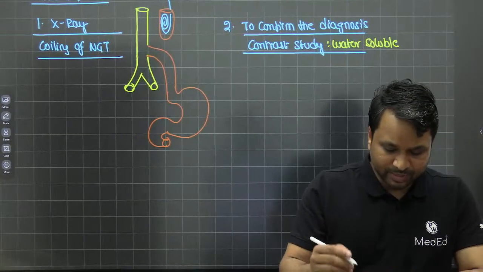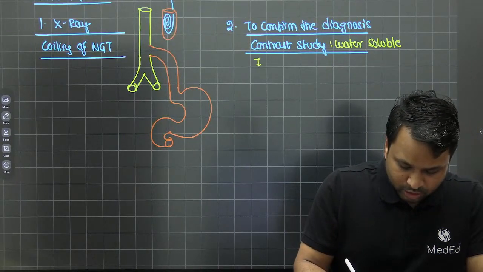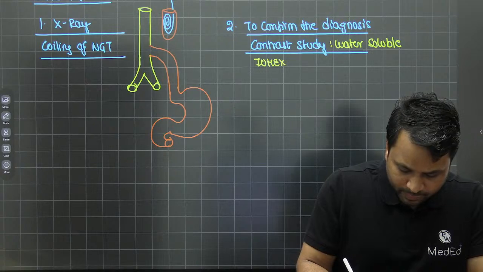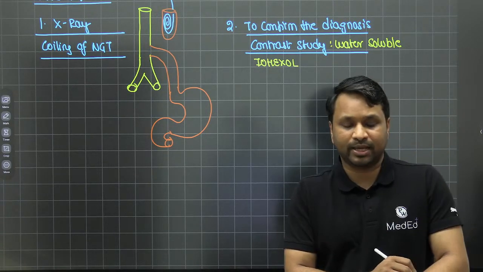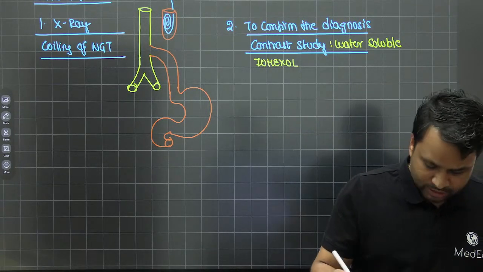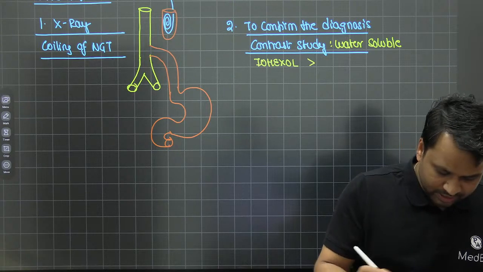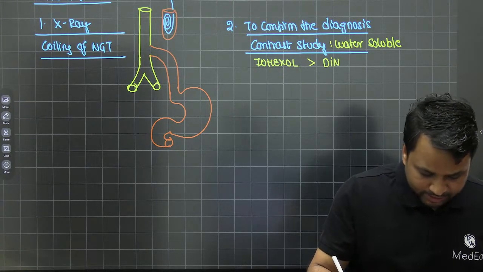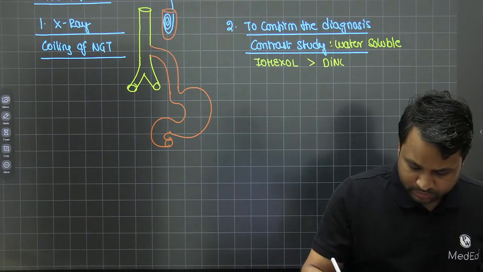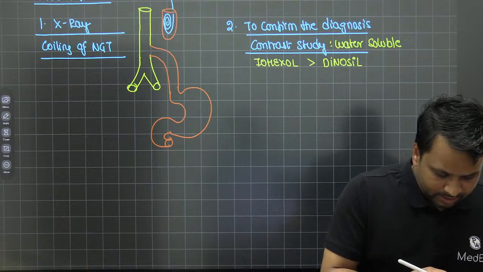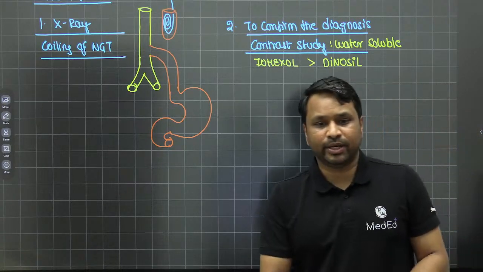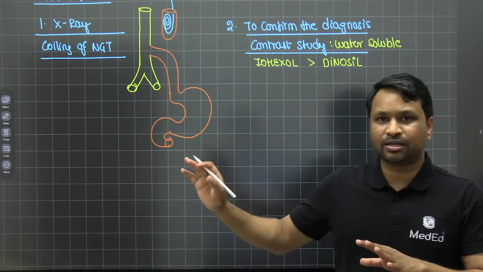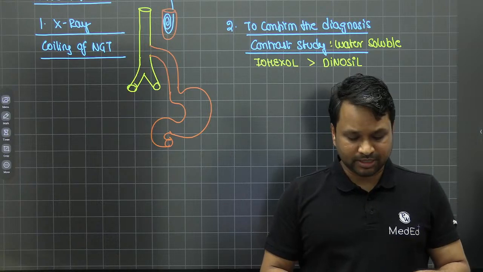To settle the debate, I can say the best contrast is going to be iohexol. If this is not given in the option, let's say if they ask you, is there any other contrast, then you can also give dinosol. Either you can go ahead with iohexol or dinosol. That is the contrast imaging that you can do.